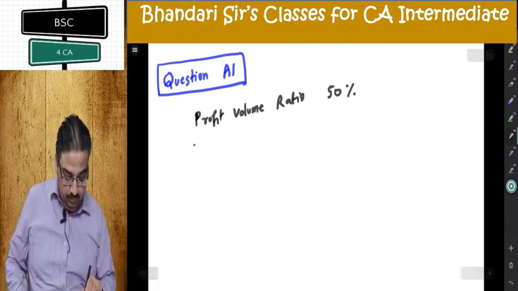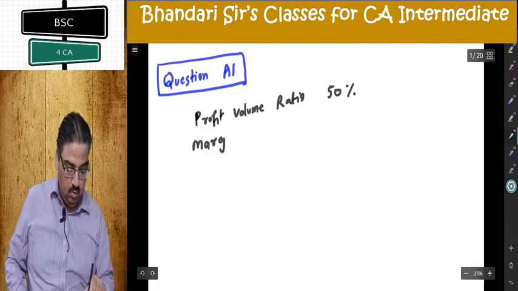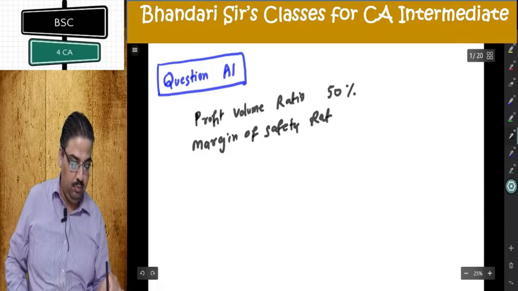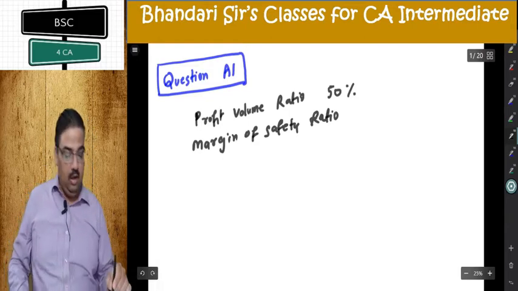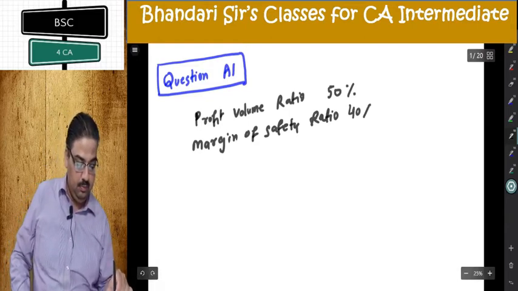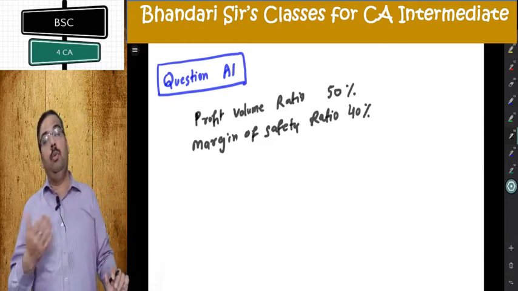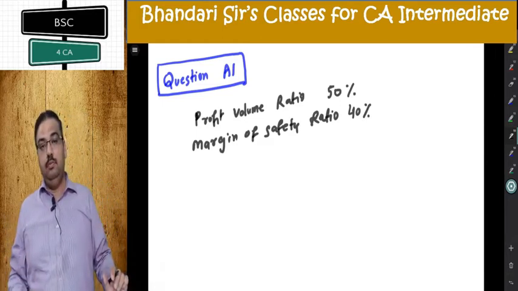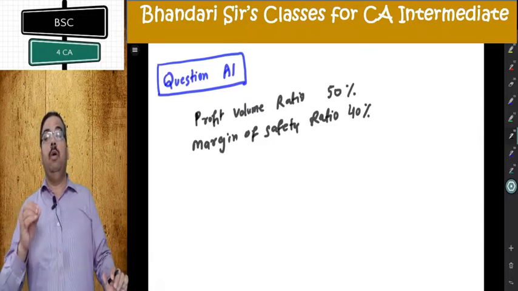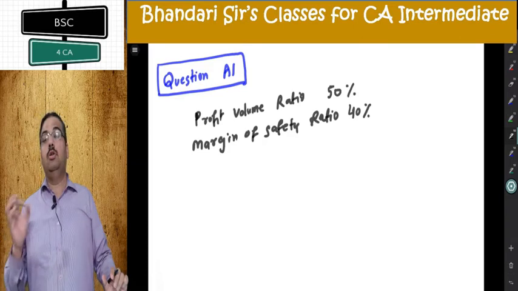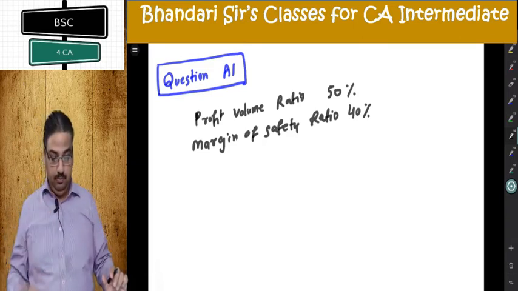Second thing given, margin of safety ratio. It is given at 40%. Once it is given in percentage, you are going to apply the percentage formula: margin of safety in units divided by actual sale in units into 100, or margin of safety in rupees divided by actual sale in rupees into 100.